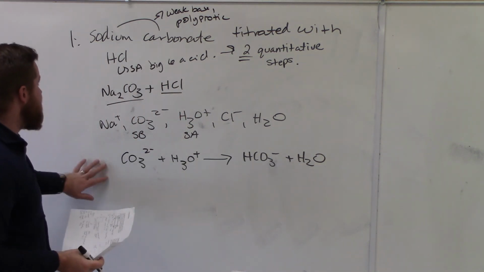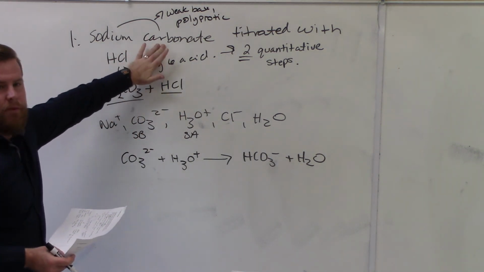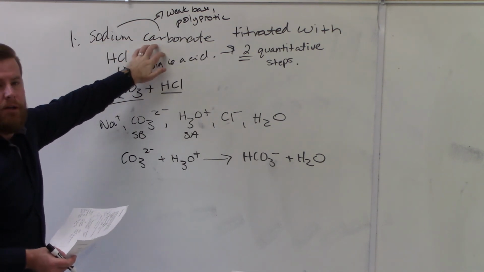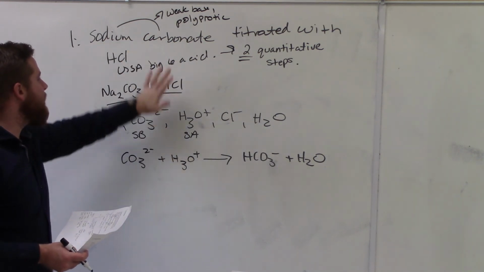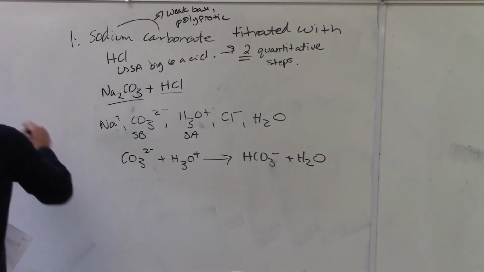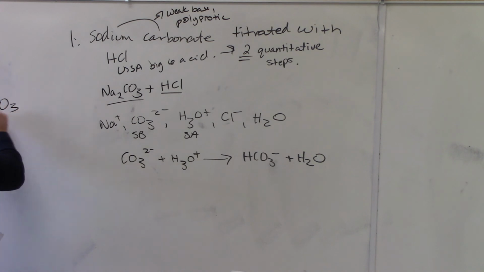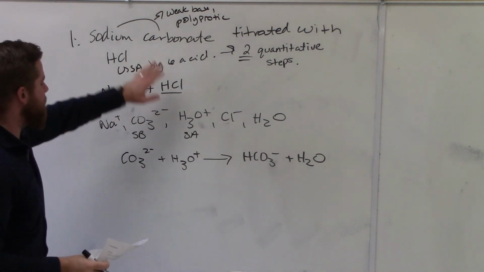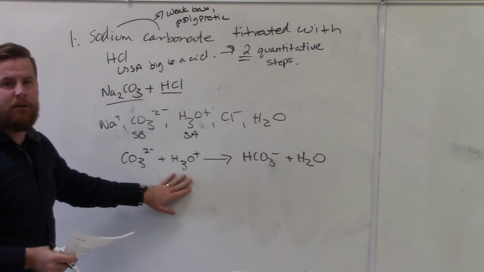Okay, so this is a product if you have calcium carbonate, CaCO3. If we have acid rain, I could do this with calcium carbonate as well. This would be a reaction from acid precipitation, right?